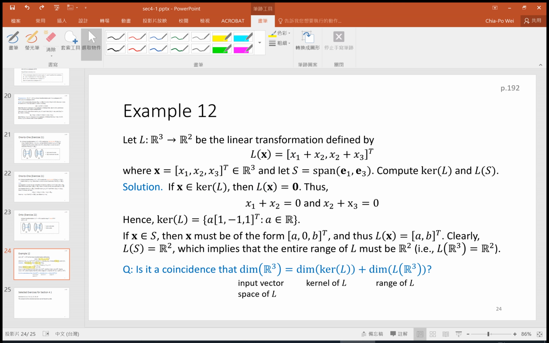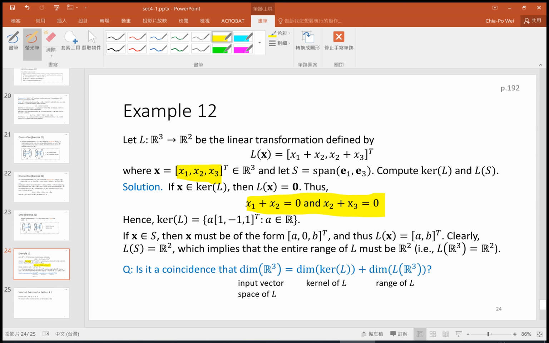Note that the dimension of the kernel of L is 1, because there is only one degree of freedom. There is only one degree of freedom because there are three variables, x1, x2, and x3, and we have only two equations.